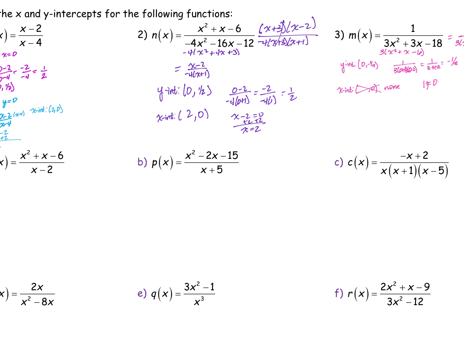Okay, so 2x squared plus x minus 9, 3x squared minus 12. Intercept. So that's going to be -9 over -12.